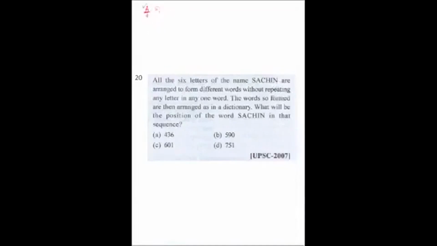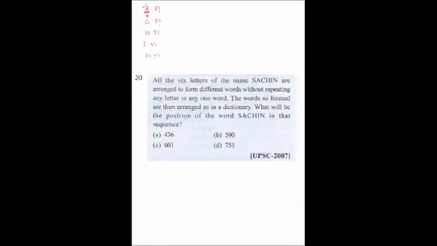So factorial 5 ways are there. Similarly for C, then factorial 5. H will be next. These are in order from A, C, H, I, N in the alphabetical order. For H also factorial 5, for I also factorial 5, for N also factorial 5.